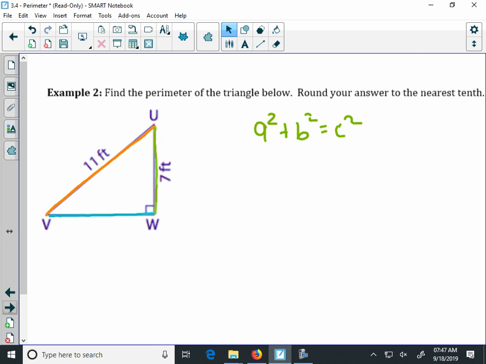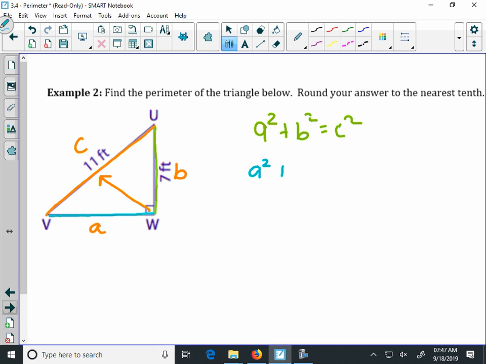So label your C. Again, go to your 90, go across, that has to be your C. Then it doesn't matter, I'll make that A and make that B. So we do a squared, which is the side we're trying to find, we don't know, plus b squared equals c squared. 7 squared plus 11 squared. What is 7 squared? 49.